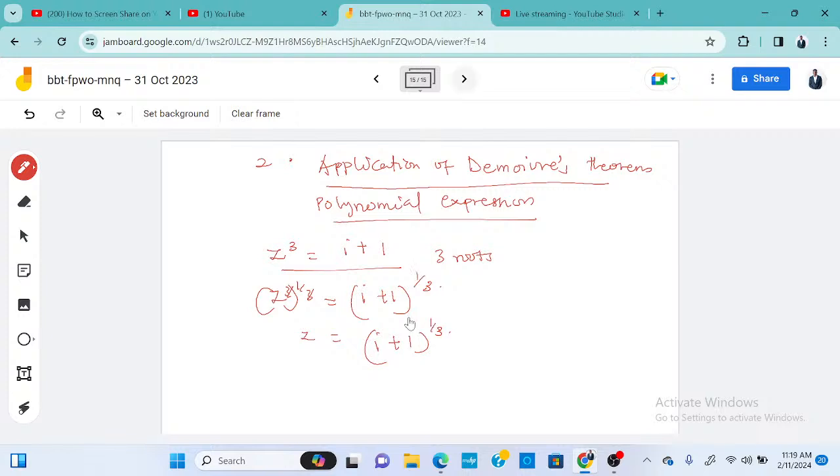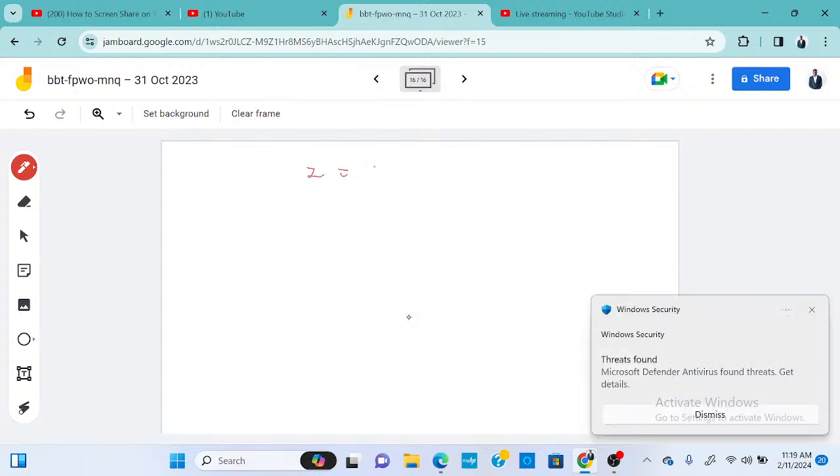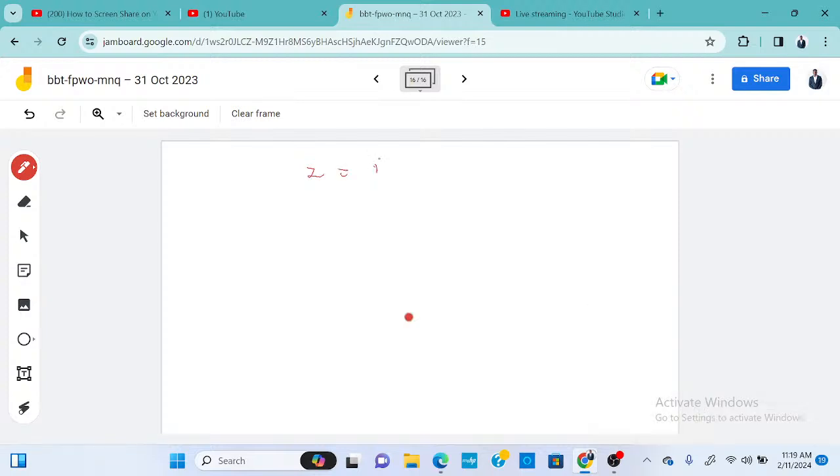Now at this point, let's see how we solve this. z is equal to (i plus 1) all to the power 1 out of 3. How do we solve such a problem? We need 3 roots of that equation. To do that, I have to convert my 1 plus i to polar form. I'm going to get my r of 1 plus i to be equal to the root of 1 squared plus 1 squared, giving me square root of 2.